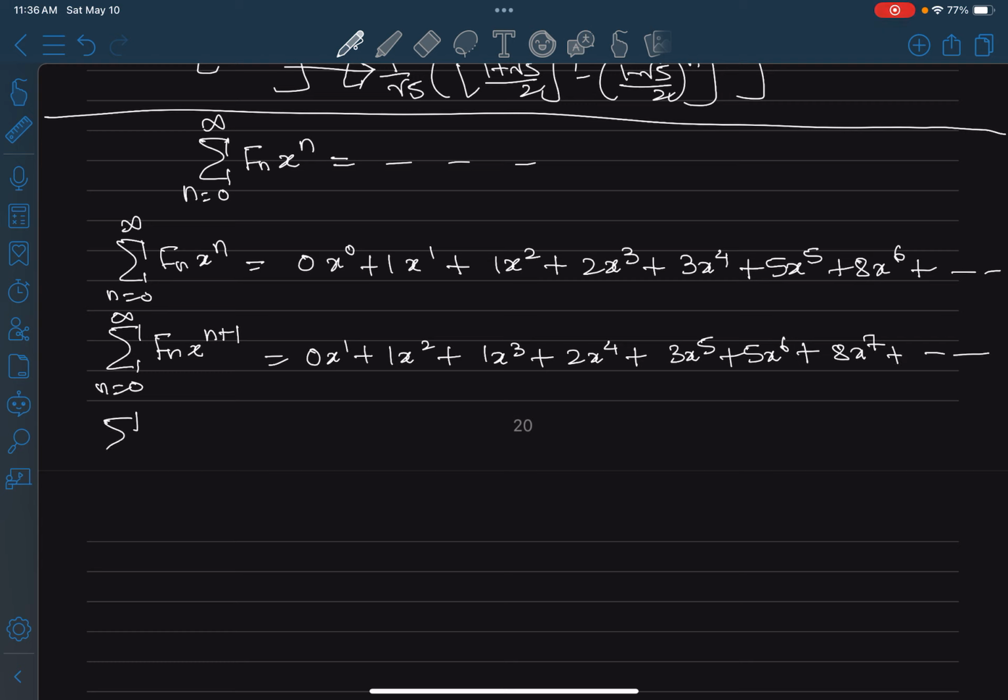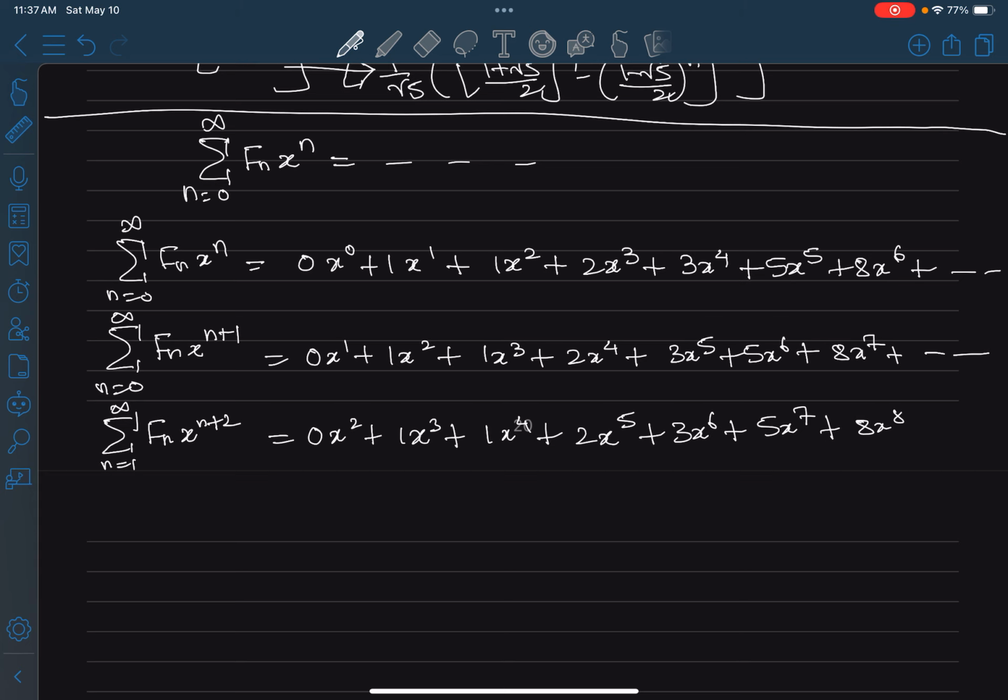If you again multiply this by x, you will have a miracle in some time. So this is 0x squared plus 1x cubed plus 1x to the power 4 plus 2x to the power 5 plus 3x to the power 6 plus 5x to the power 7 plus 8x to the power 8 and so on.